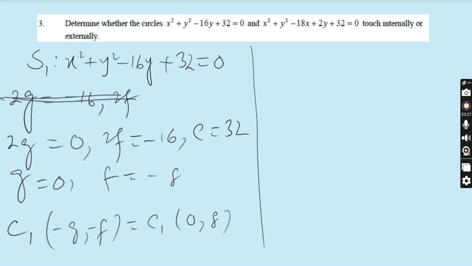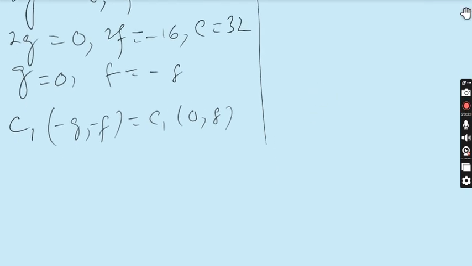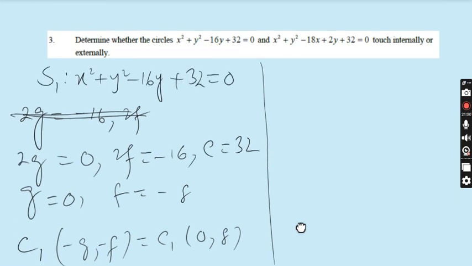Now find the radius of this circle. What is the formula of the radius? R1 is equal to the square root of g square, 0 square, plus f square, minus 8 square, minus c, 32. 8 square is 64 minus 32. 64 minus 32 is root 32. This is R1.